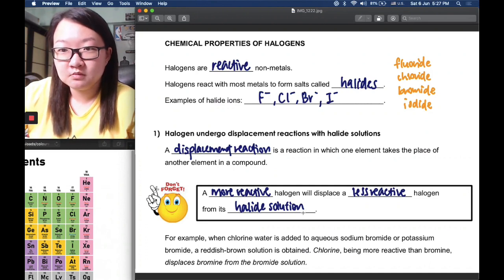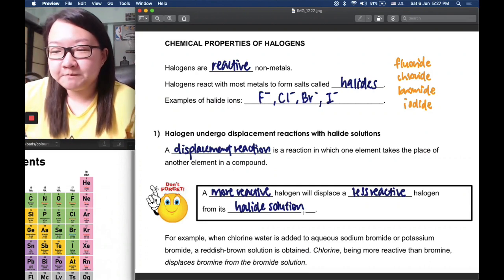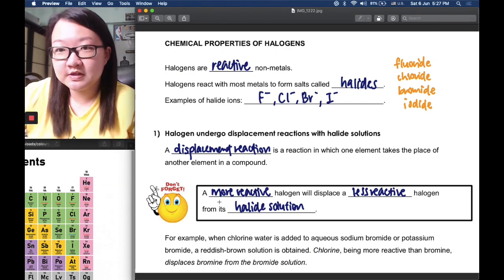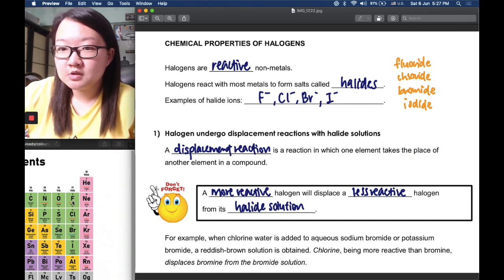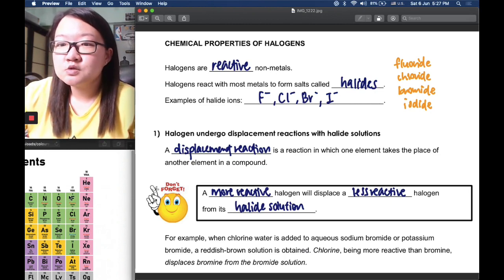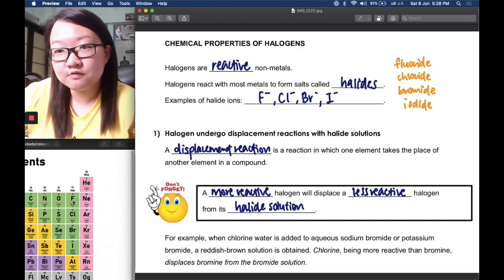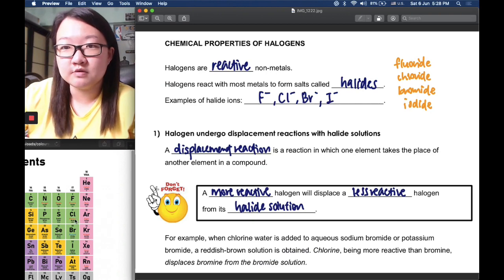If we look at the positioning of the group 7 elements in the periodic table, the ones on top, such as fluorine, which is right on top, are the most reactive. So a more reactive halogen, let's say fluorine gas F2, is able to displace a less reactive halogen, let's say chlorine, from its halide solution.